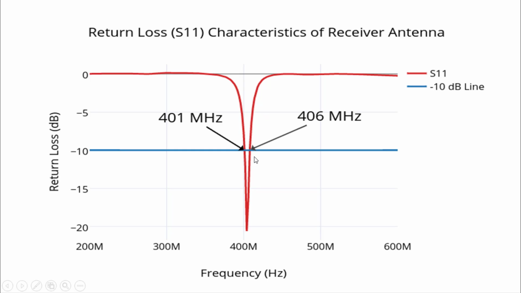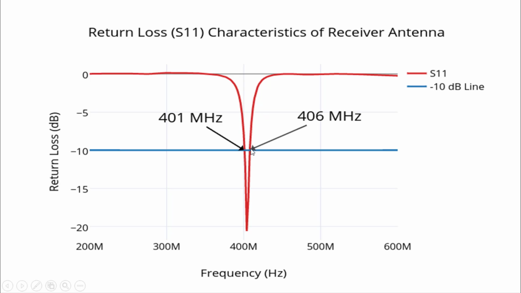Why? Because the bandwidth of this antenna at minus 10 decibels is inferior to 500 megahertz. If we take the difference between 406 megahertz and 401 megahertz, we find just 5 megahertz.